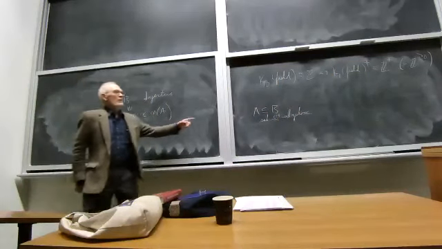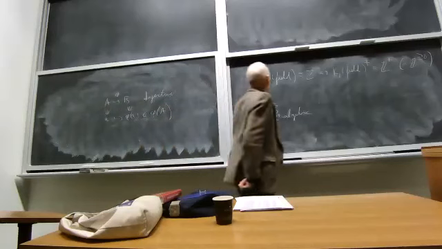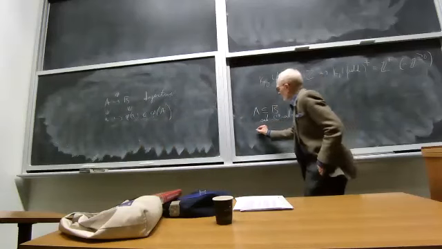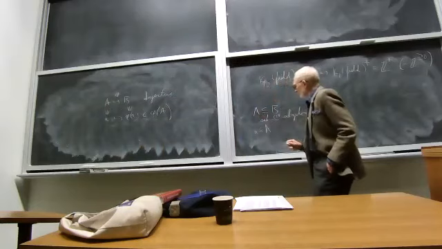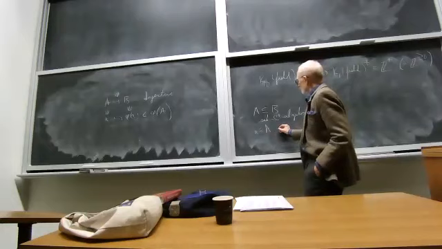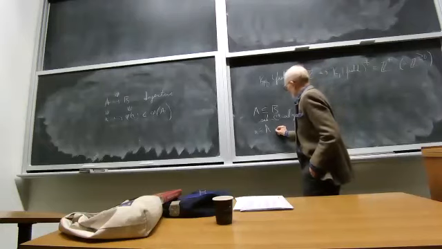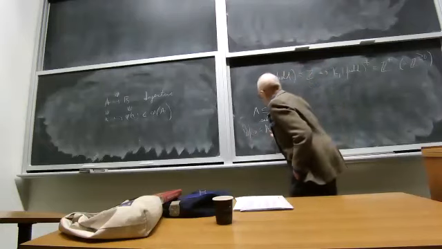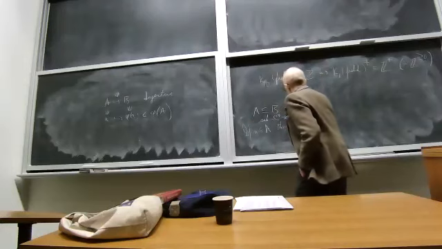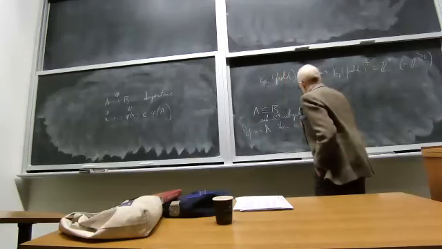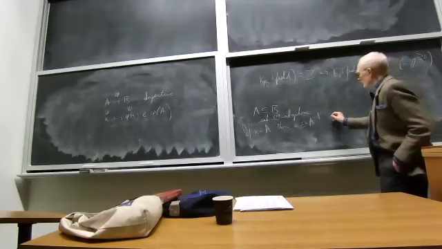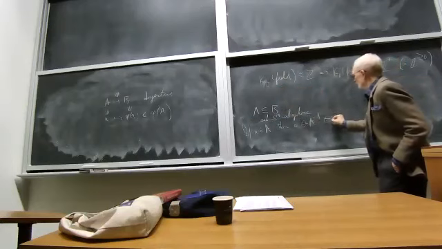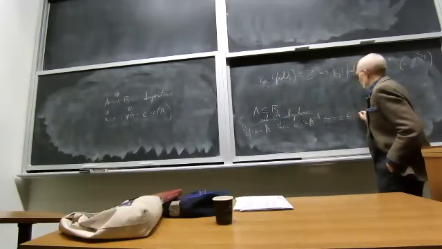But then, if it is a sub-C-star algebra, and little a belongs to big A, then little a is invertible in the algebra A if and only if it's invertible in the big algebra.